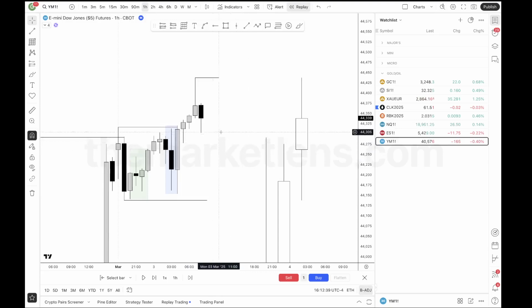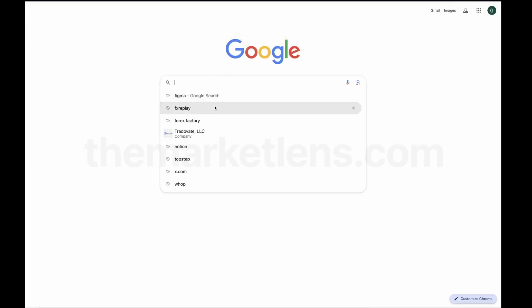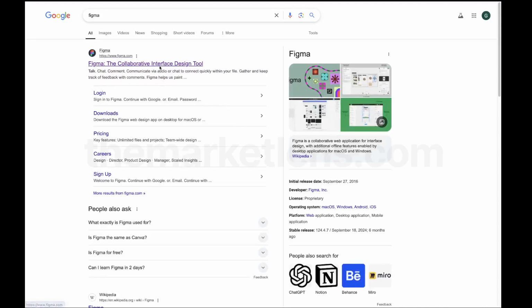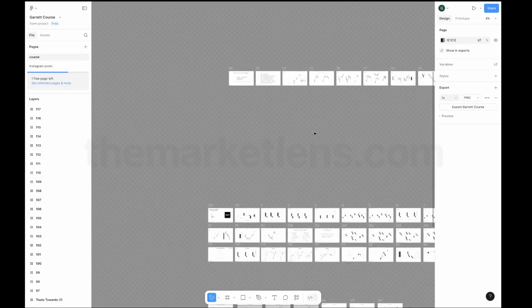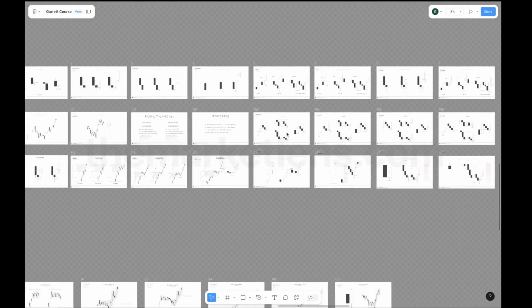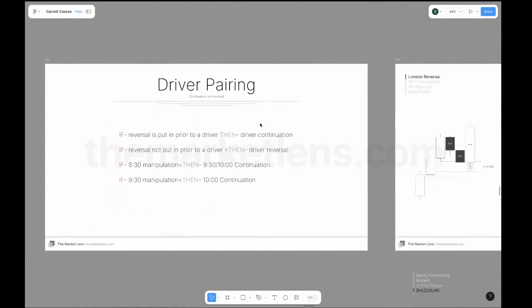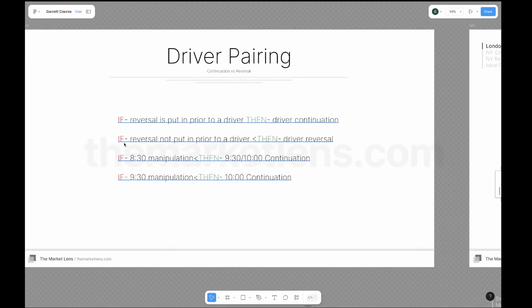So one of the if-then scenarios, I can actually pull this up real quick. Okay, so if a reversal has not been put in prior to a driver, then we want the driver to reverse.